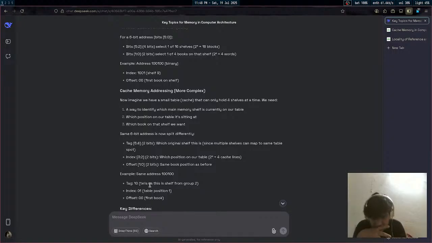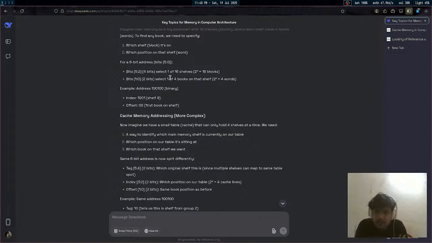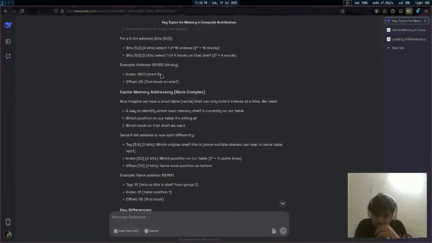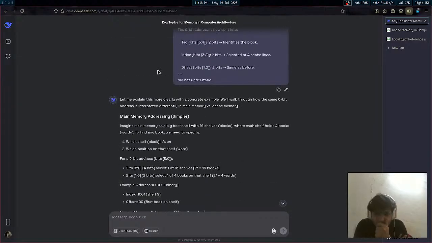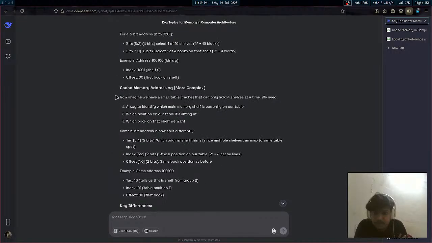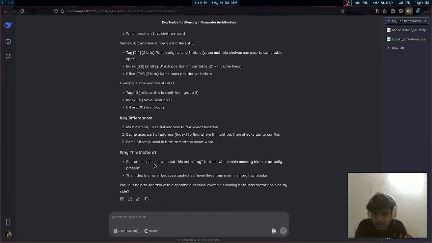This tells us that this shelf is from group 2. 100, shelf 9, and this is a shelf from group 2, table position 1.